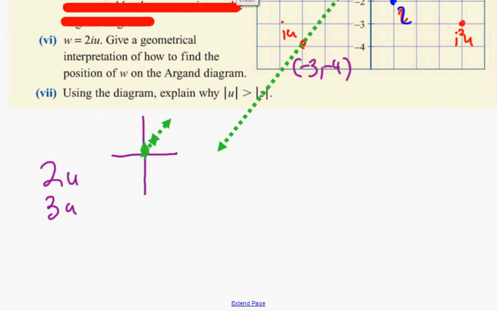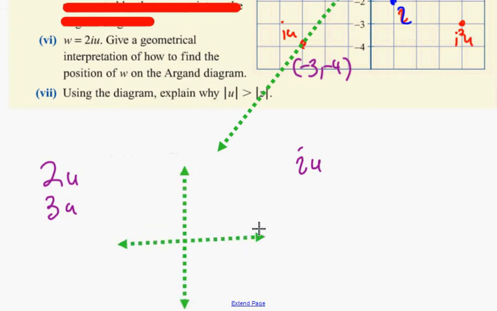Now, what happens if I multiply it by i? What happens to the complex number if I multiply it by i? It rotates by 90 degrees. So if I multiply a complex number, let's say the number is over here, by i, it rotates it 90 degrees.